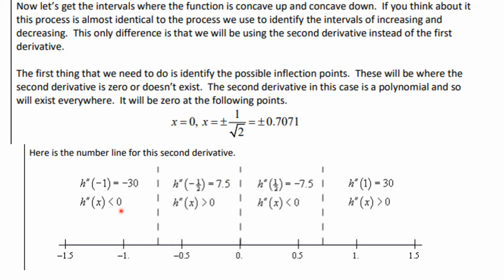So here are the number lines, but this time realize that we're checking the sign of the second derivative. And so the test points and the intervals are shown here. Here we go from concave down to concave up. Here we go from concave up to concave down. And here we go from concave down to concave up. So it looks like all of those are inflection points.